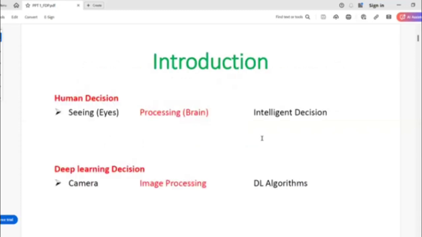Moving further, first let's see two types of systems. One is the human system and the second one is a deep learning system, or AI system, or computer vision system, whatever it is. Our objective is to identify a medical image.